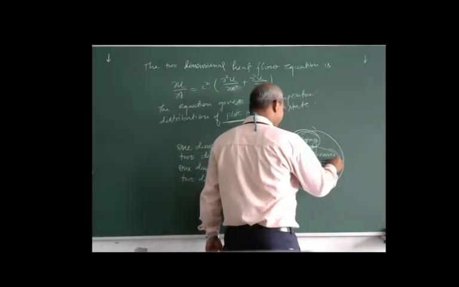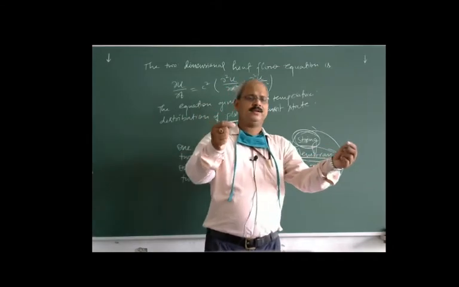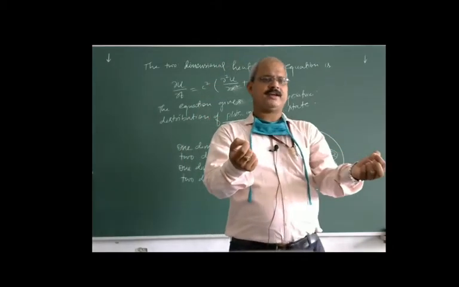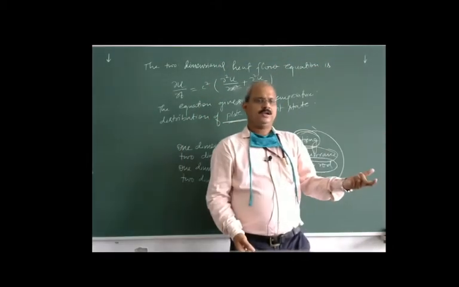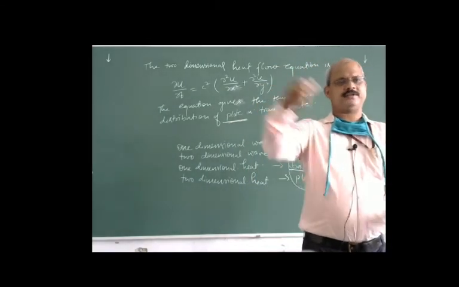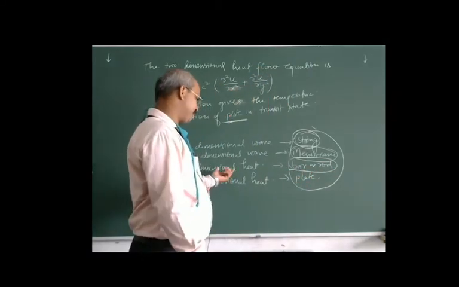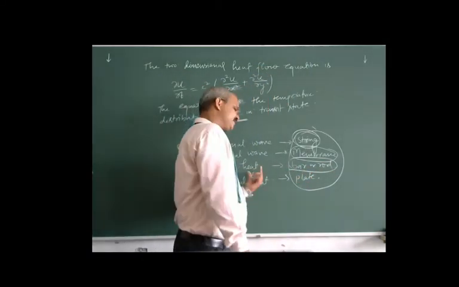And now whenever a bar or rod is given in a problem, a bar of length this, fixed between two points A and B, we give an initial temperature at this point and then this. So that problem is related with the one-dimensional heat flow.